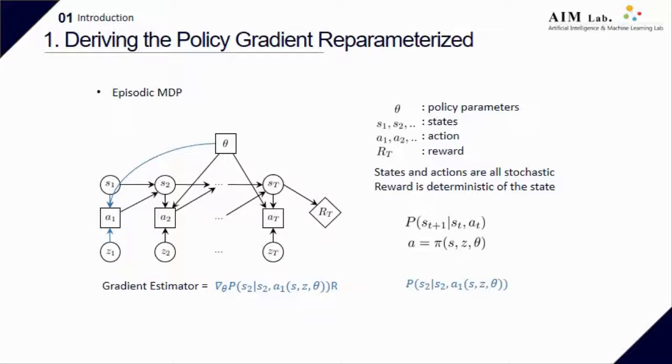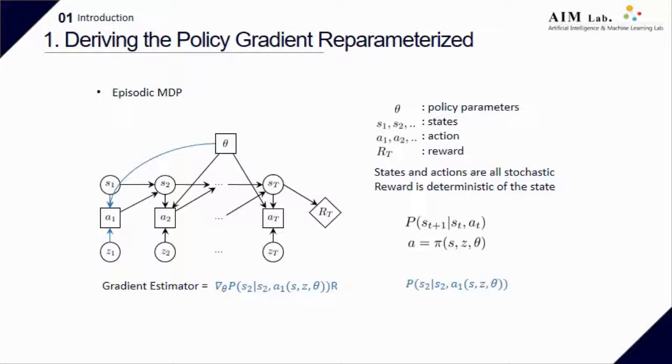But in this graph, a problem occurs. For P of s2 given s1, a1, we cannot represent this clearly since a1 depends on theta. Therefore, when we calculate the gradient estimator, we have to consider a1 as a function of s1, random noise z, and theta. Then the gradient estimator formula should be changed like this.